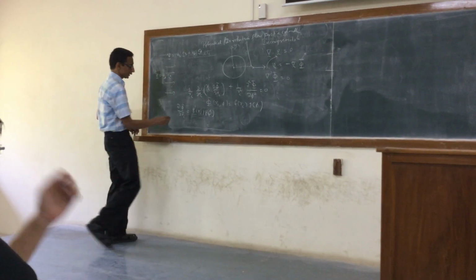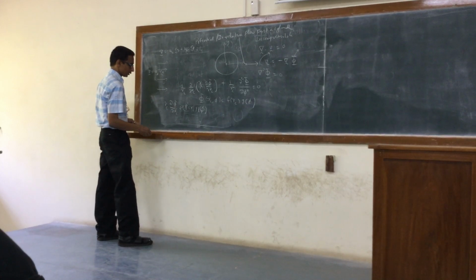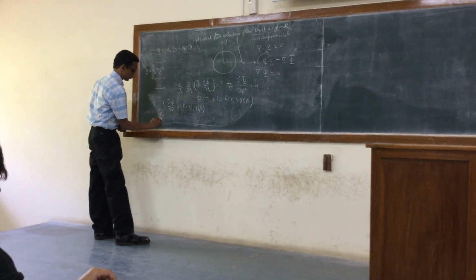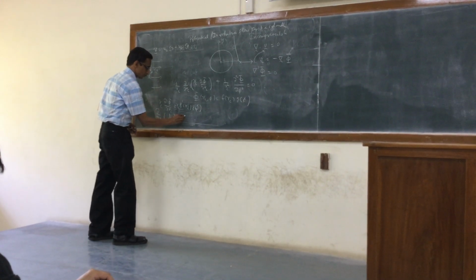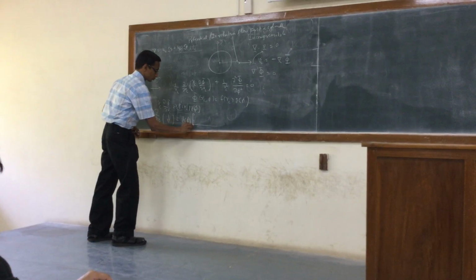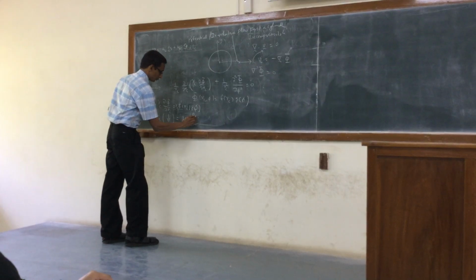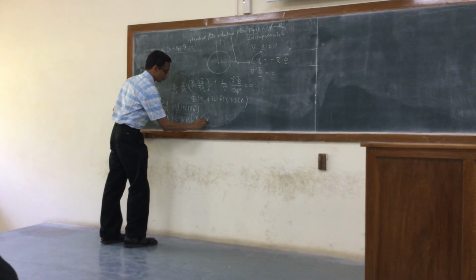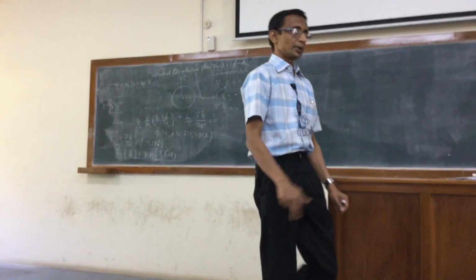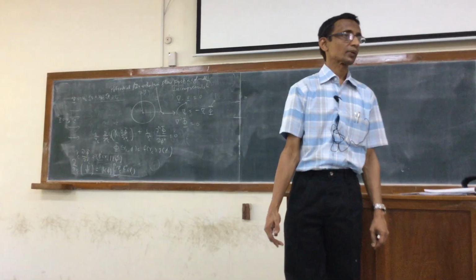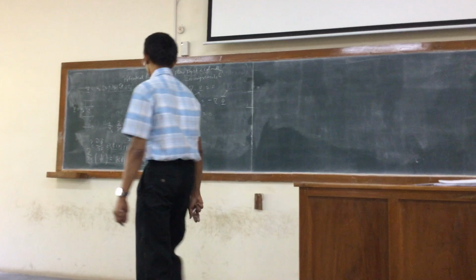Rc times that would be rc times this, and then I have to again differentiate d by d rc of this. g of phi can be taken out, so I have to differentiate this with respect to rc. This would be rc times f double prime of rc, plus f prime of rc. The prime here stands for derivative with respect to rc of the function f. That's clear from the context.